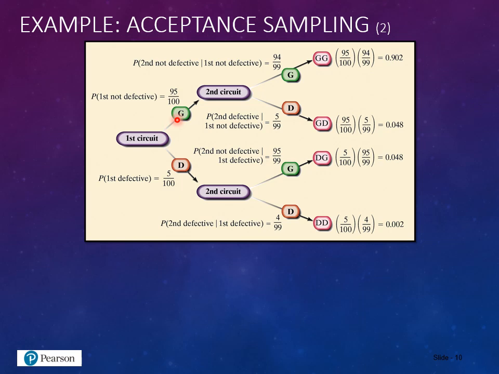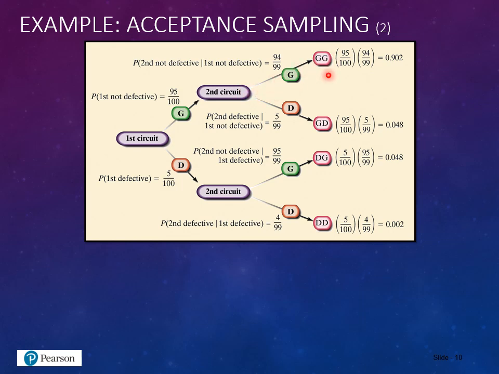Now the first one was good, so we take 1 out of the good, so the 95 becomes 94. And we've also taken 1 out of the 100 because from that first circuit. So that also drops. So the probability that the second is not defective or the second is good is 94 out of 99. Okay, I'm going to continue along this path.